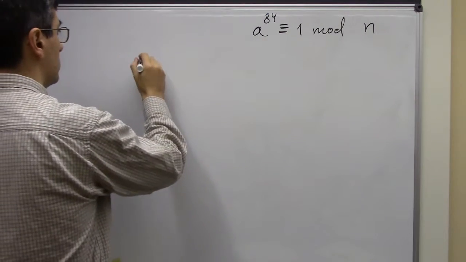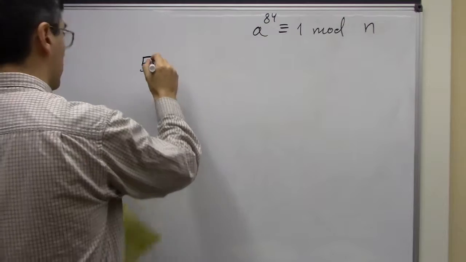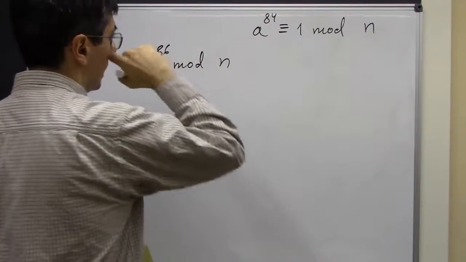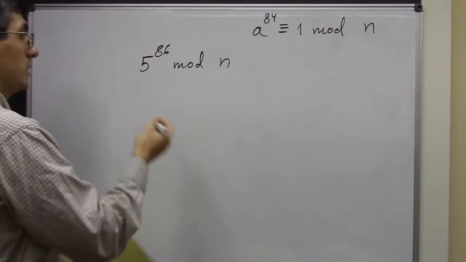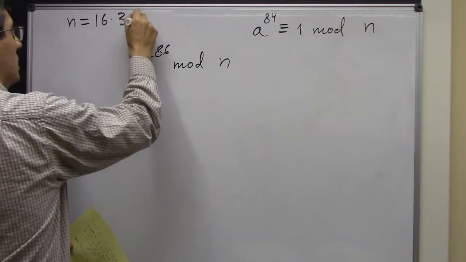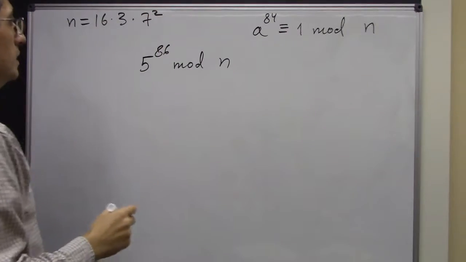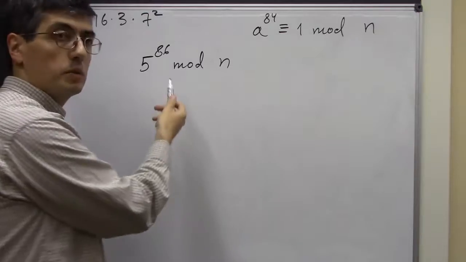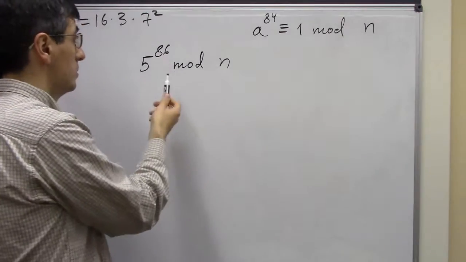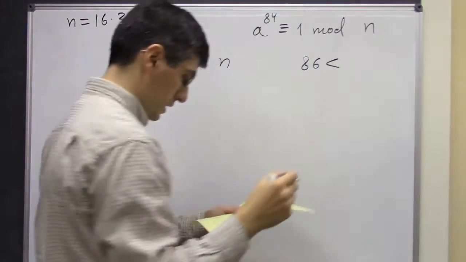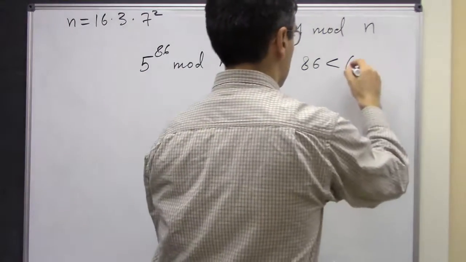Suppose we want to compute 5 to the power 86 mod n, where n is as before, 16 times 3 times 7 squared. Well, you cannot apply Euler's theorem to compute this, because 86 is less than 672.